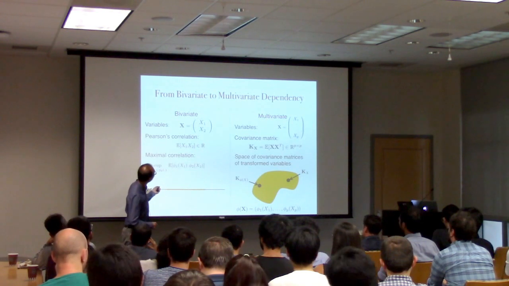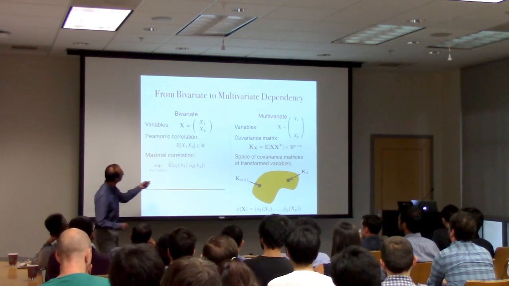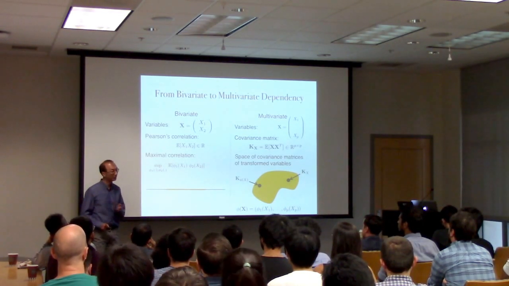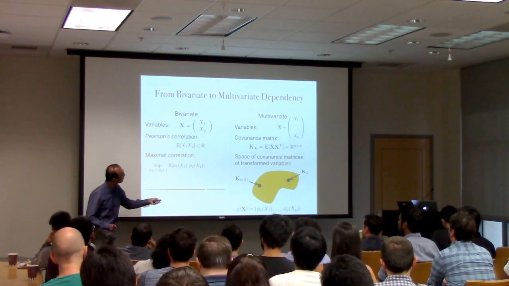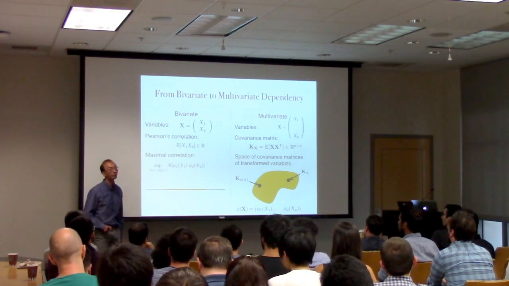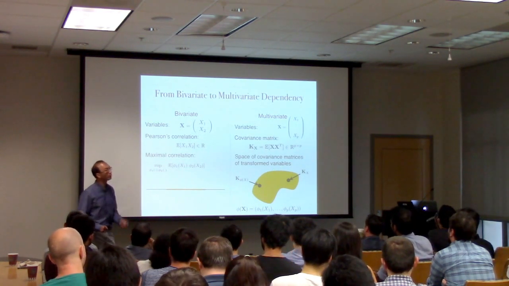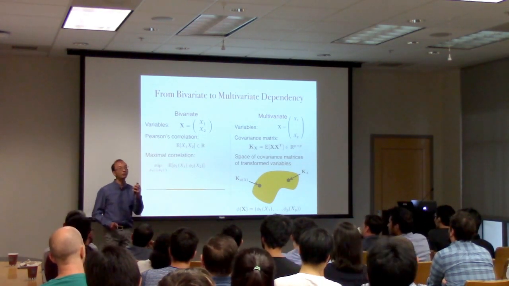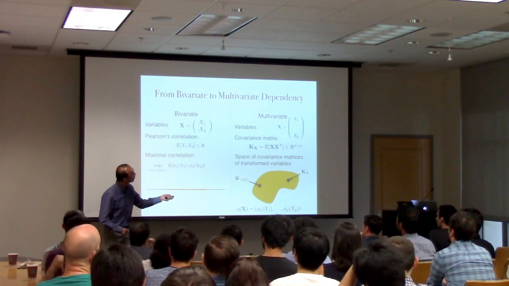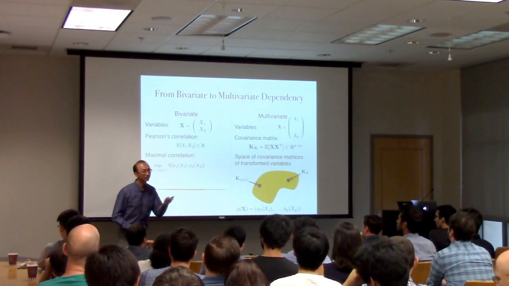Because now I don't know how to define this maximum correlation anymore, because here I have a single number, right? So the maximum value is a natural choice of optimal phi1, phi2, and I use that number to define maximum correlation. But here I have a set. So what I need is some scalar measure in order to choose the right phi to optimize. So I need something to optimize over.